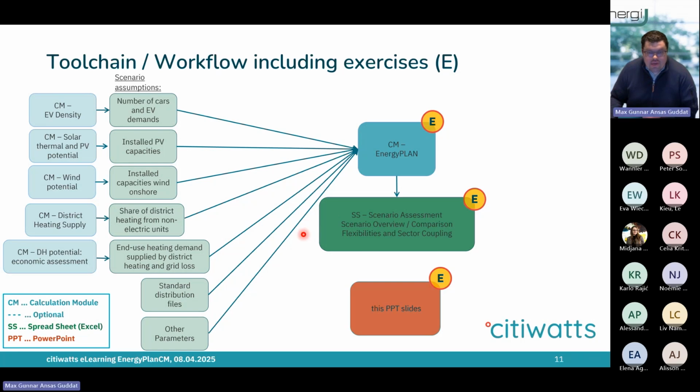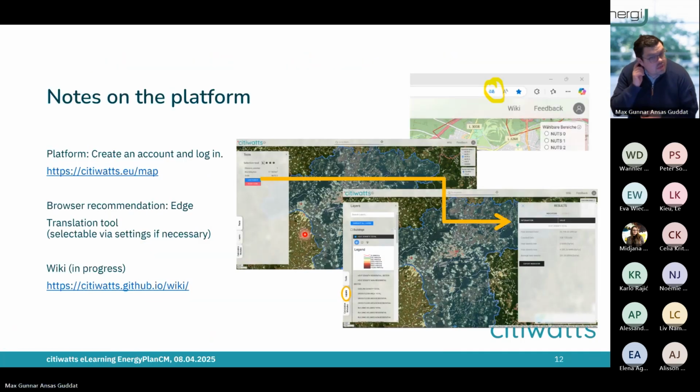A final remark on the platform is, as the other times, please use this link to enter the toolbox. This is our map on the Citiwatts project. We recommend to use Edge. It also works fine in most other browsers, but that's the one that is officially supported and also tested.